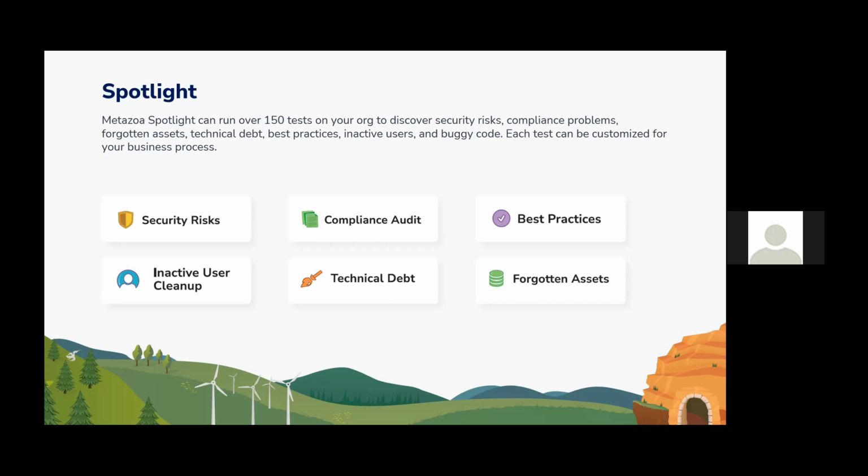It covers things like inactive users that have been improperly assigned licenses, and finding code problems and vulnerabilities. So it's a truly comprehensive scan that's finally going to allow administrators, consultants, or whoever's managing those orgs to have the information they need to optimize the org in a much more comprehensive way.